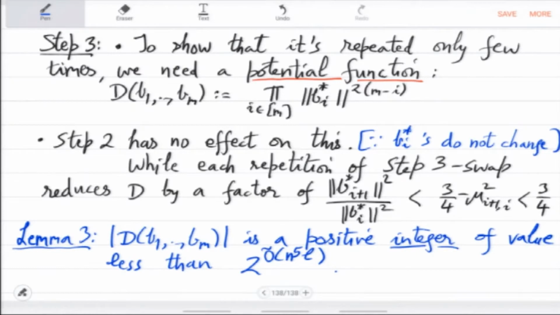L was the coefficients, the coordinates in the vectors were L bit. So we have a bound actually, n raised to 5 times L. This is the bit size bound on the potential function, and it's an integer. Since every time you are reducing it by 3/4, this gives you number of times n raised to 5 times L. Okay, so that will be the immediate consequence of this lemma. So why is this true? Let's prove it.